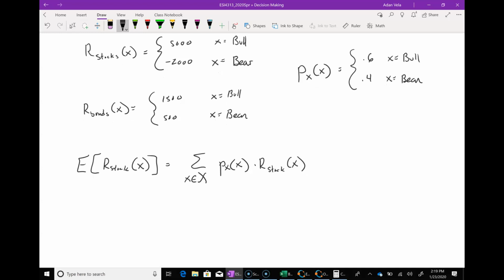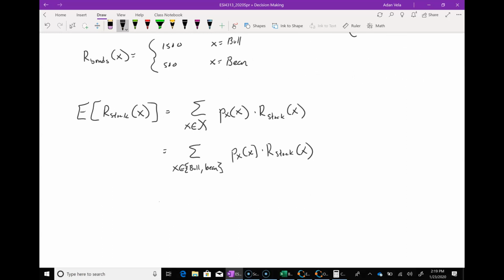Really what we're talking about is saying, well, what happens when x is bull and what happens when x is bear? And we're going to plug in those values. So we'll go through the summation.